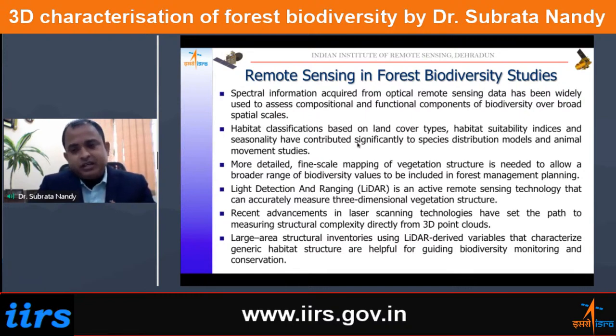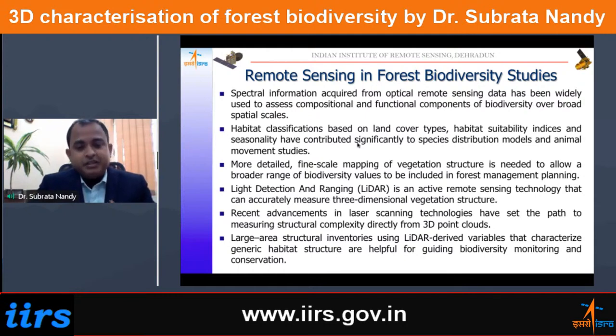In that context, light detection and ranging, or LiDAR, is an active remote sensing technology that can accurately measure the three-dimensional vegetation structure, which, as I said, is a very good indicator of biodiversity of a place, mainly in forest areas.